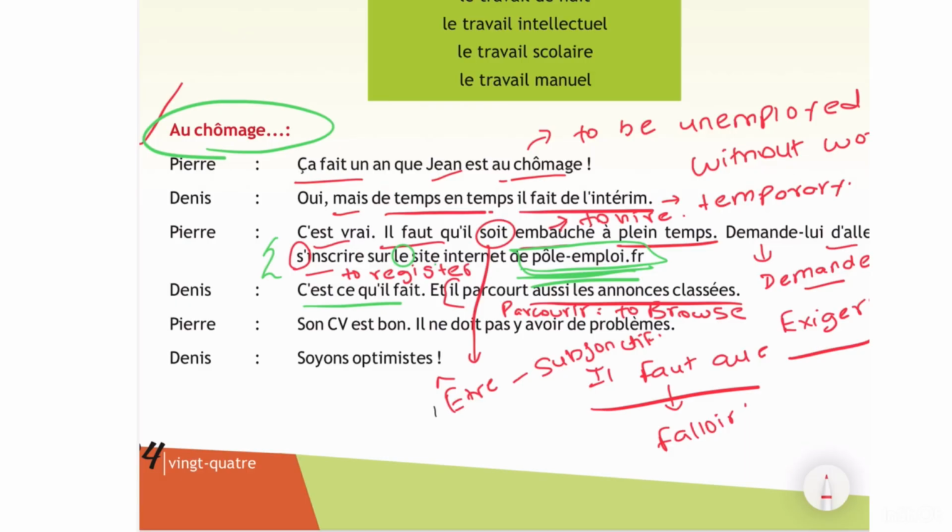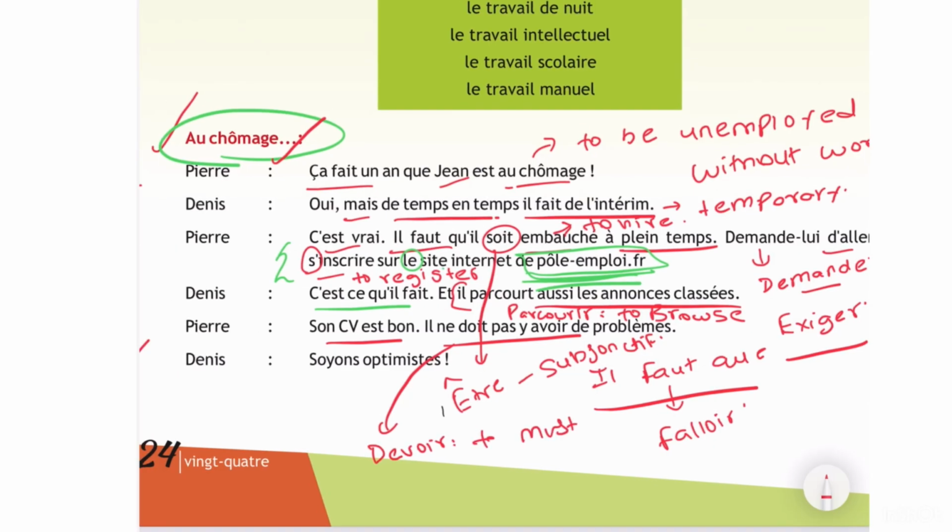So if you're supposed to write a letter to your friend who is not working, you can also say your CV should be good. Okay, if you have a good CV, you're not going to have any problems there, right? Doit, again your verb devoir, that is to must. This again pronoun y, that is there. In terms of that, he's not going to have any problem.